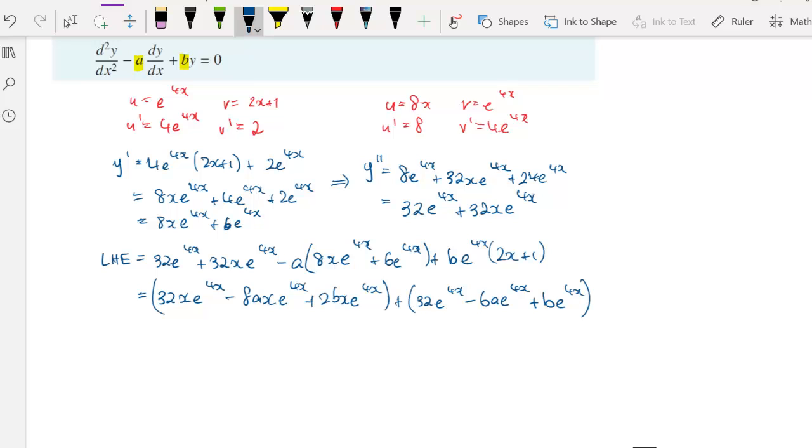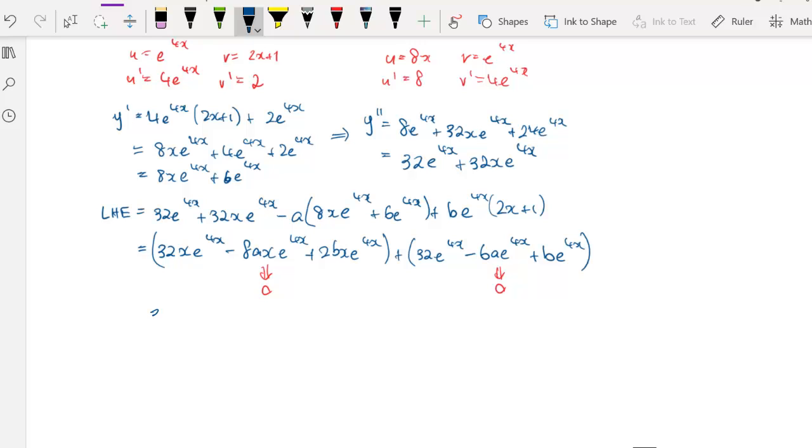Now the right-hand equation is 0. So each of these two things will be equal to 0. And that's what we're going to use to solve. So we have 32, take 8a plus 2b, x e to the 4x must be equal to 0.